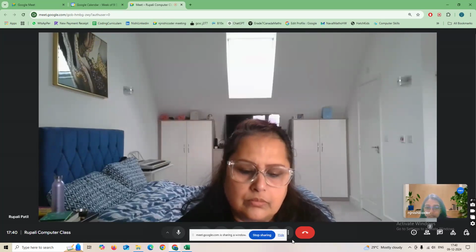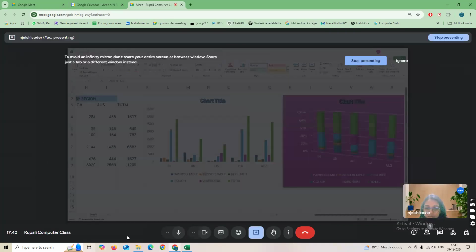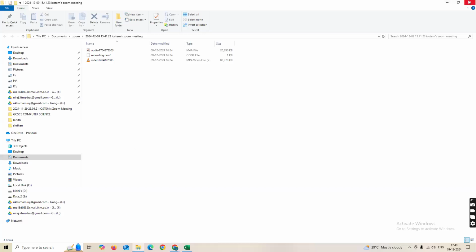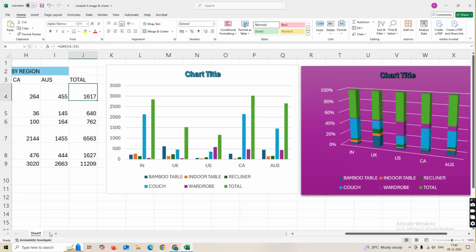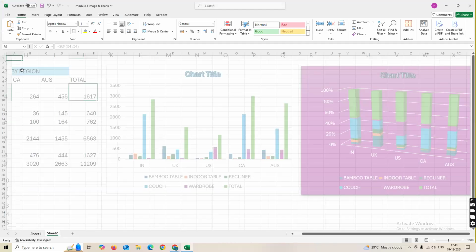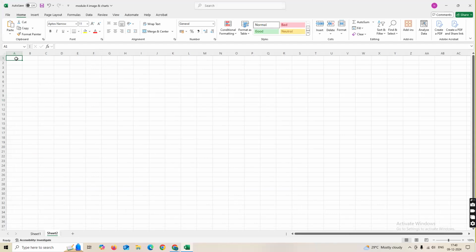Can you see my screen? Okay. I'll just take one sheet. Numbering we can copy in all of them. How to copy this? You know this?